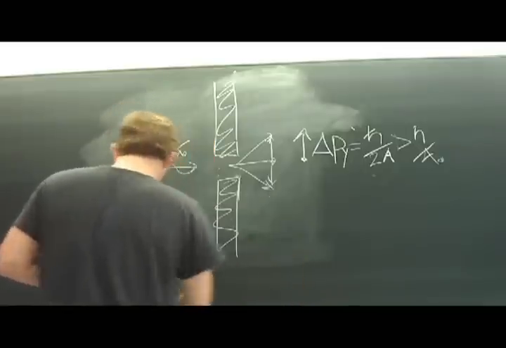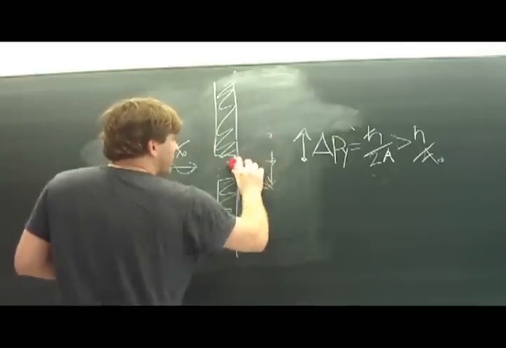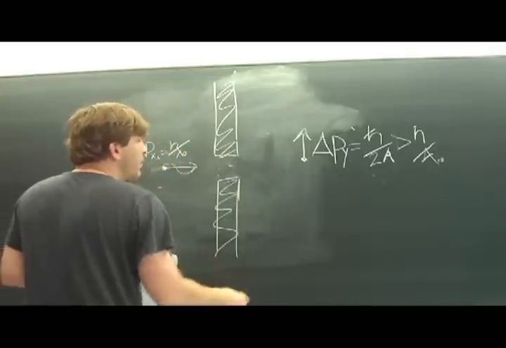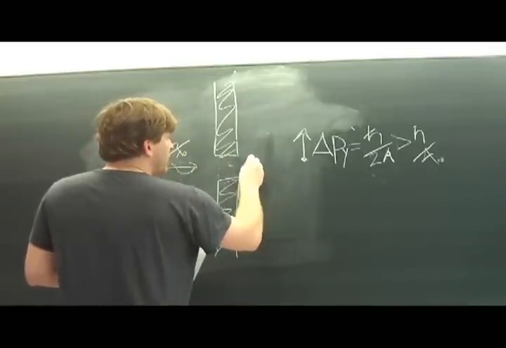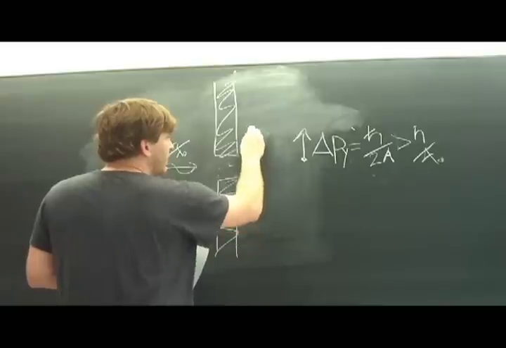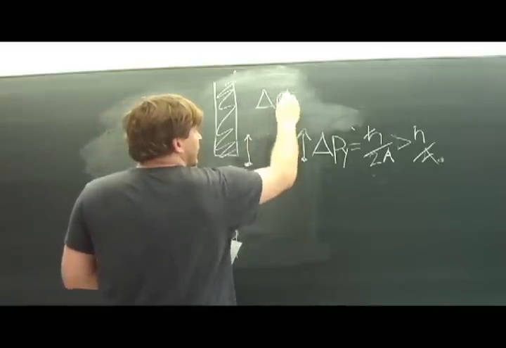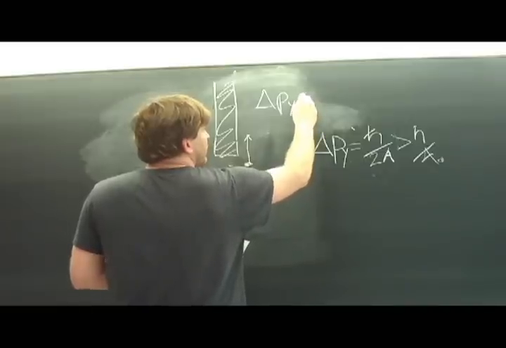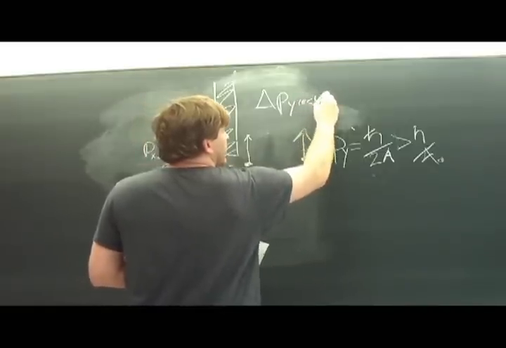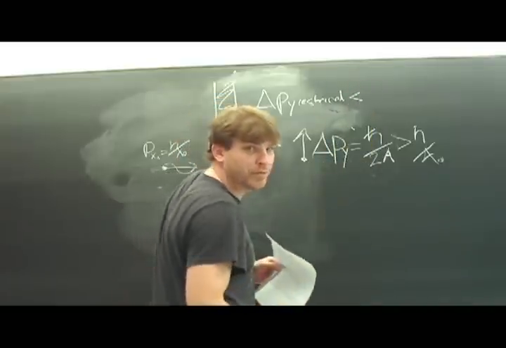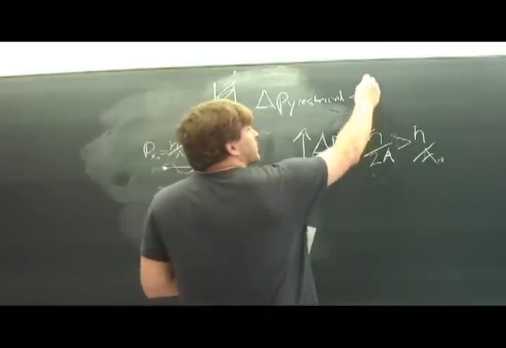So in that case, the sub-wavelength aperture, we'll just say that the maximum uncertainty right here, which I'm going to call delta Py restricted, has to be less than the initial momentum because of the energy conservation principle here.